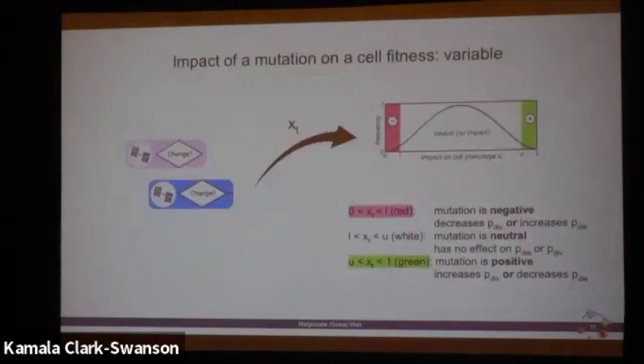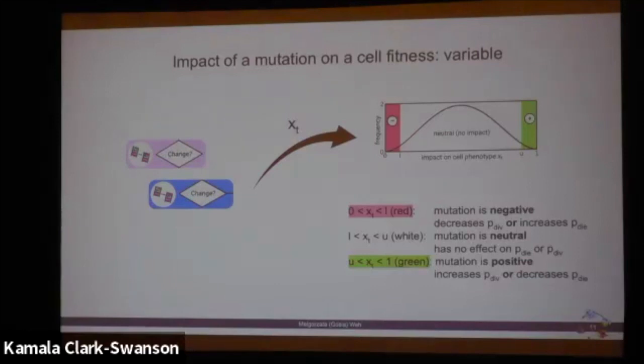How time-dependent probabilities are actually executed depends on the mutation impact. So every time a cell mutates, we determine the impact of a mutation on cell fitness by drawing a random number X and comparing it to this distribution.